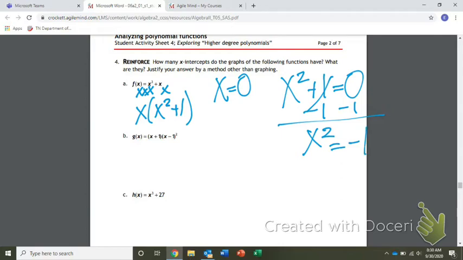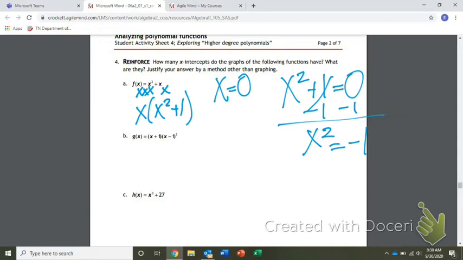Well, yesterday we talked about on the video that we cannot take the square root of a negative number. If we do, that gives us non-real imaginary zeros. So, this problem asks us, how many x-intercepts do the graph of the function have?